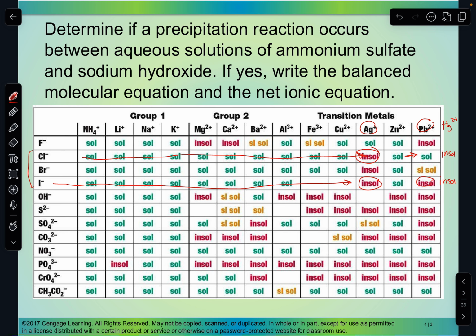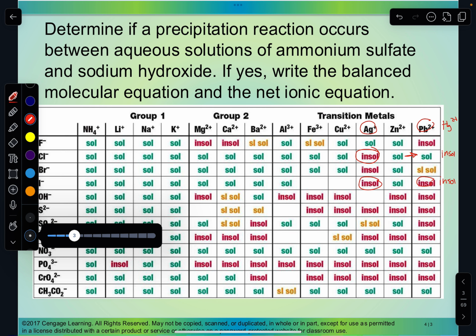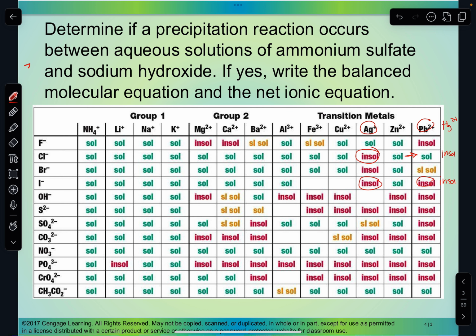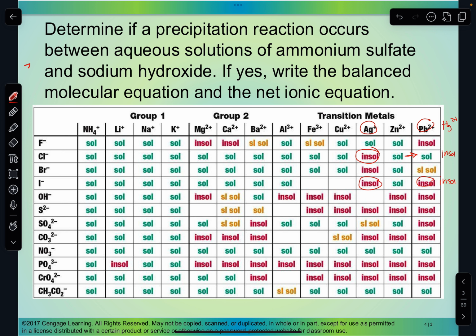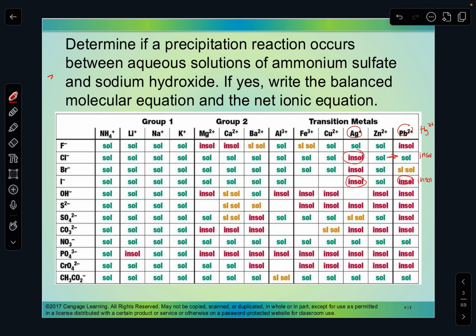Okay, and so we're going to refer to this going forward. So I'm going to clean it up a little bit. Is this too small? Let's make it one more larger. Okay, cool. So the question is asking for us to determine if there is going to be a reaction between ammonium sulfate and sodium hydroxide.